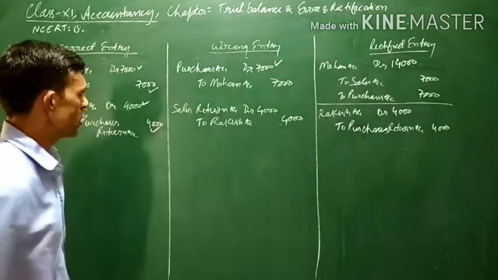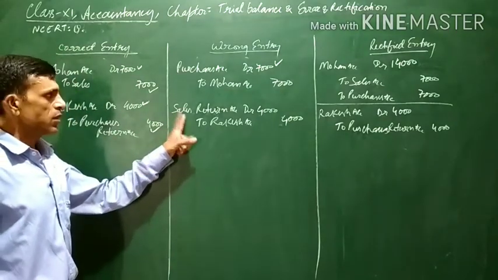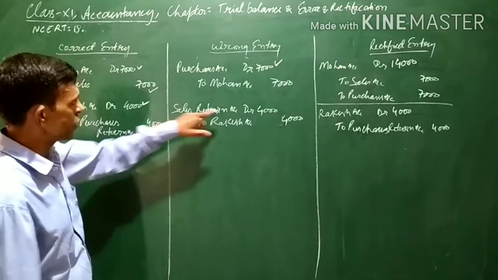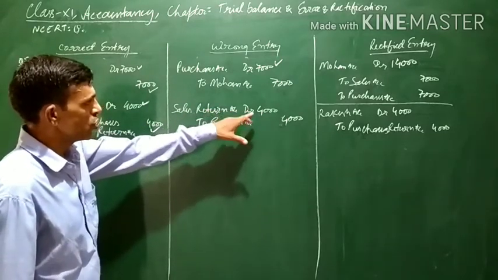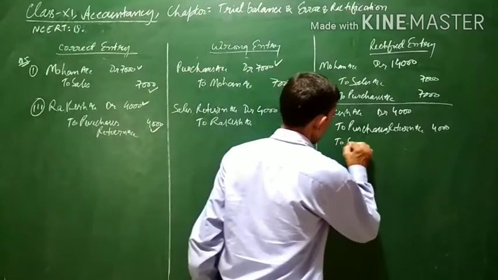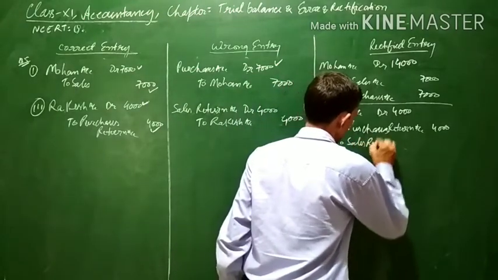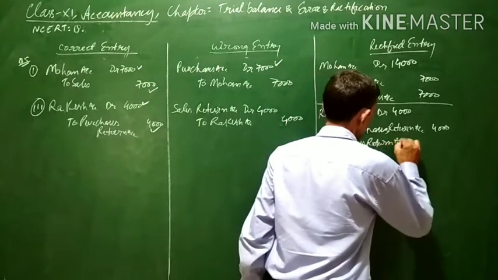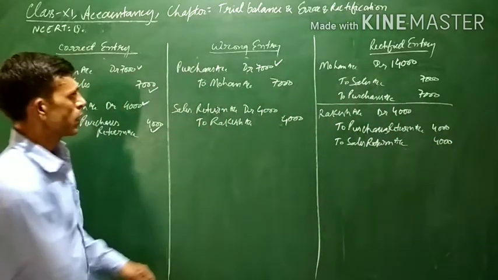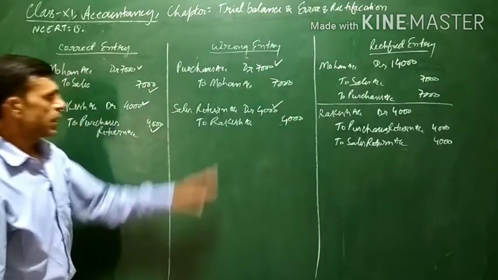This we have also done. Now the wrong entry, we have to rectify the error. Sales return was wrongly debited. In order to cancel this, we will credit sales return. So we will write here to sales return account, 4,000. Again, this we have also done.